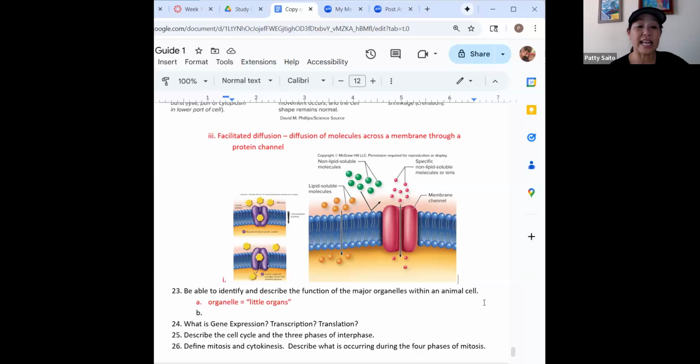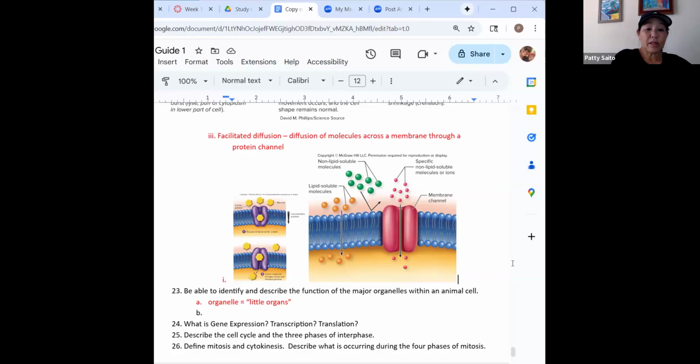If you're a facilitator, you're not involved in maybe the dispute, but you help the process for it to be resolved. So same here, the protein isn't directly one of the molecules going across, but it helps or it facilitates or aids in that process of diffusion.